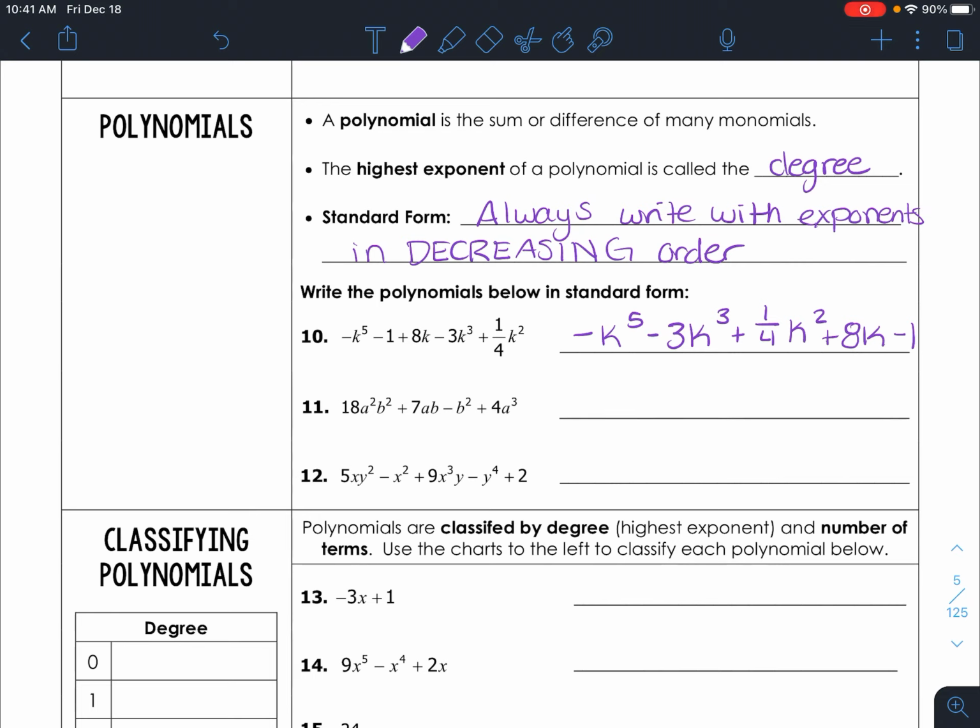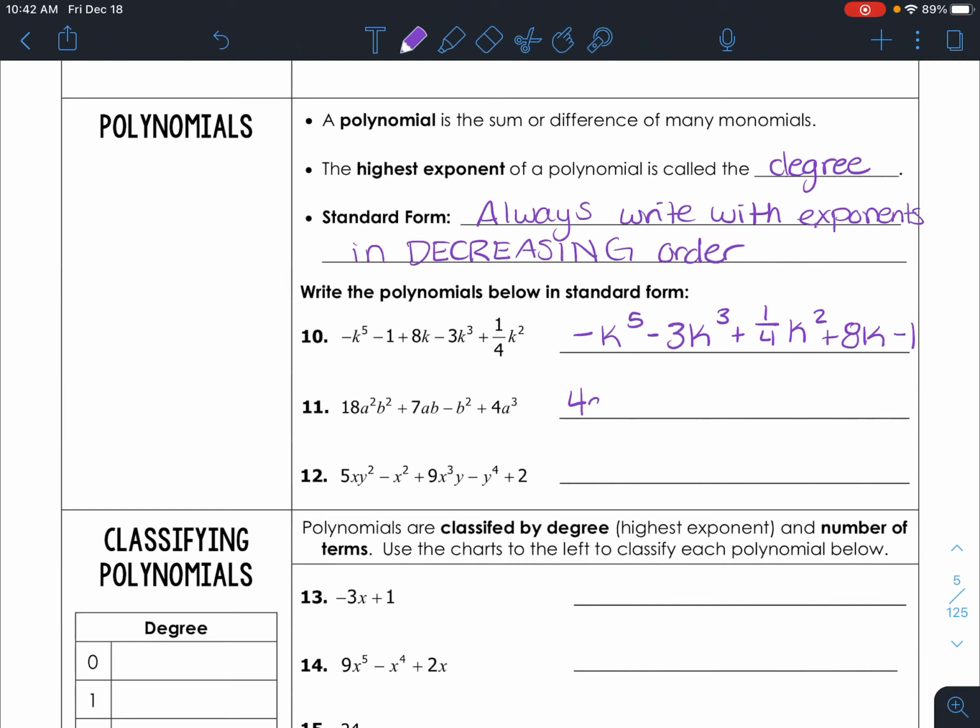If you look at number 11 here, now we have multiple variables. We have a's and b's. Okay, so with multiple variables, whichever has the highest exponent, that's the one you're going to use to go in decreasing order. So for example, we have a cubed. So I'm going to use my a's as my leading term, and then I'm going to look at the exponent of a's and go down from there.